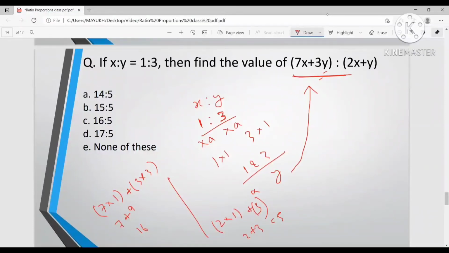So I have this whole thing as 16 is to 5, right? So instead of doing componendo and dividendo and a huge lot of calculation and getting confused, I'll simply trick the question itself to come to an easy conclusion that it is 16 is to 5.